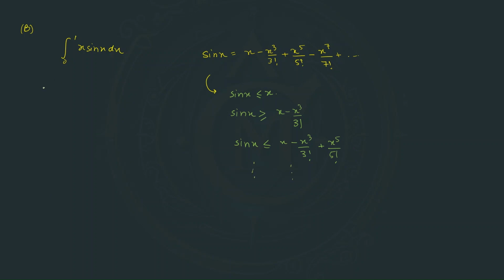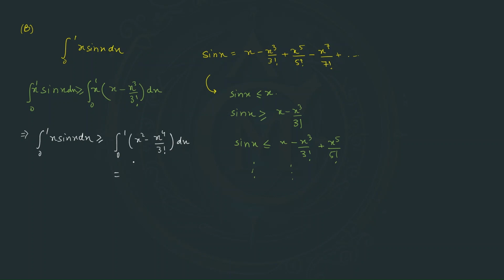So we can say this x times sin x will be greater than or equal to x into x minus x cube by 3 factorial dx if we integrate both sides. So if we solve this, this integration will be greater than or equal to integral 0 to 1 x square minus x to the power 4 by 3 factorial dx.